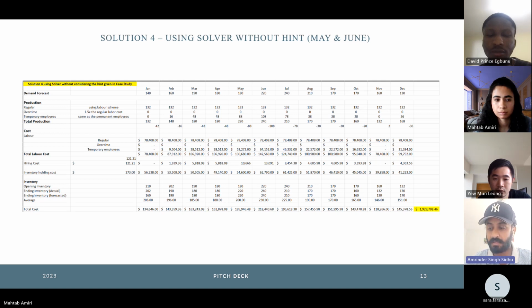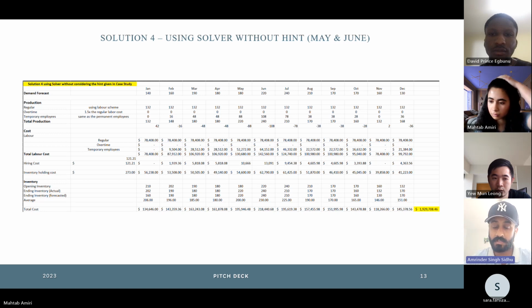We maintain that, and the maximum production by regular employees is 132 units, and the inventory at the end of the year, on December 31st, should be 170. These are the major constraints that we set up, and we ran the solver, and we get the amount of 1,092,708.46, which is exactly similar to the amount in solution one.